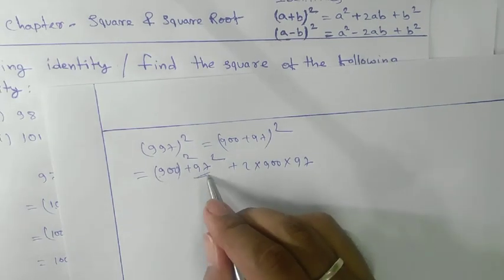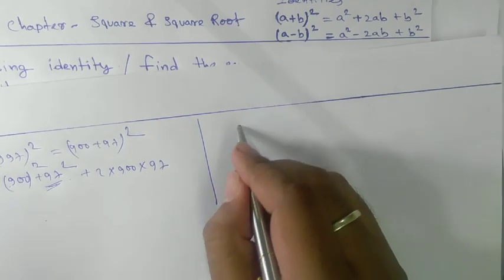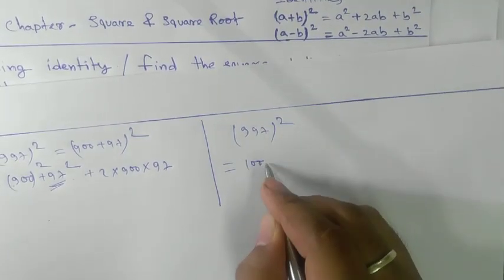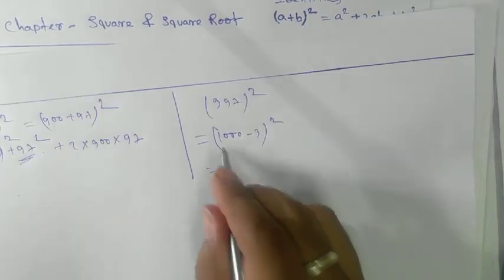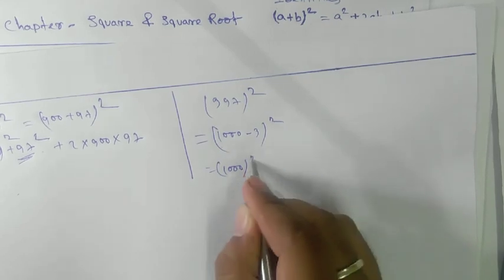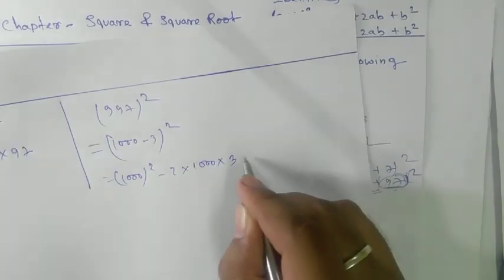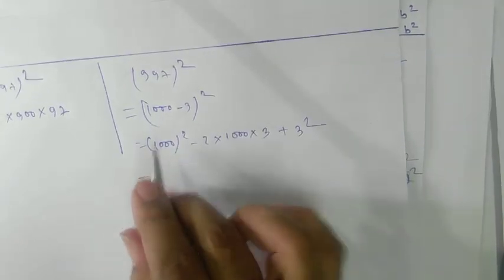Now you are getting confused, how are you going to solve this one? But if we choose 997 and write it as 1000 minus 3, look at what is the difference. a square minus 2 into a into b plus b square, and look at here, the problem becomes very easy.